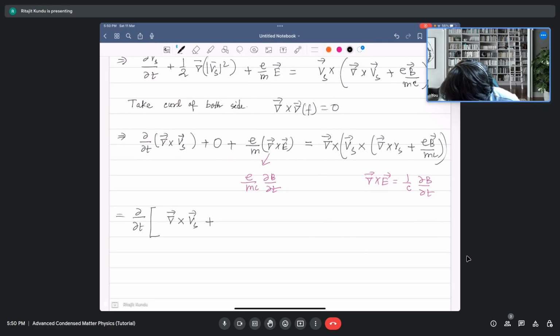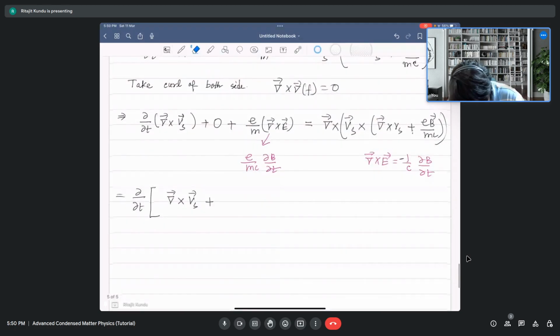So am I missing something? Okay, so it should be, no, seems fine. Okay, probably I'm missing this, there should be a minus here.